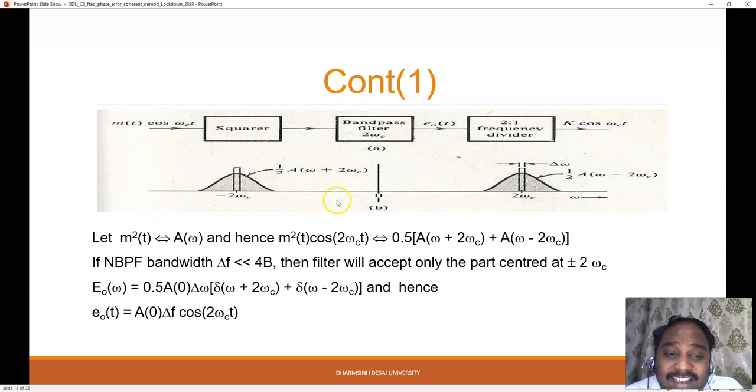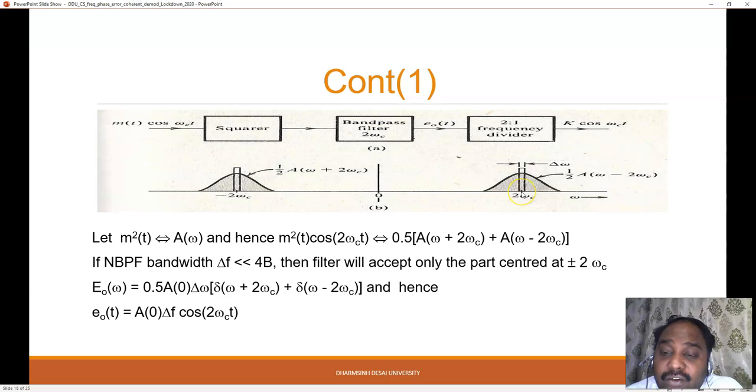Now let us understand this. Suppose m squared of t has a Fourier transform A of omega. Then the Fourier transform of m squared of t cos 2 omega ct will be 0.5 A of omega plus 2 omega c plus A of omega minus 2 omega c.